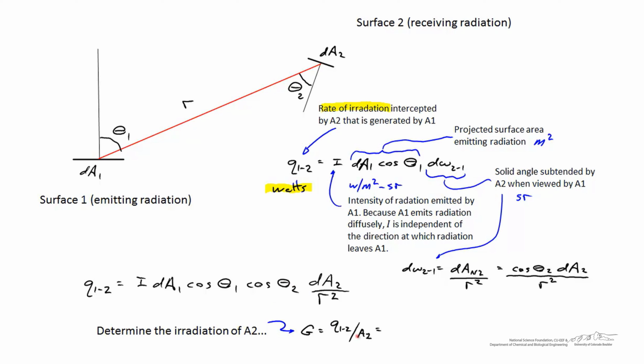So Q12 divided by A2. You'd simply divide both sides by dA2, and we'll come up with this expression, where the irradiation of A2 is proportional to the intensity, proportional to the area of dA1, relates theta 1 and theta 2 through the cosine of these two angles, and is inversely proportional to r squared.